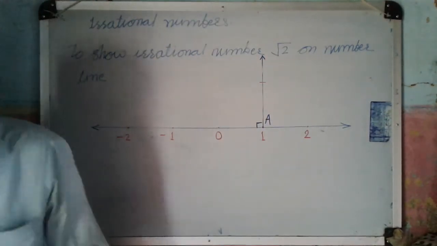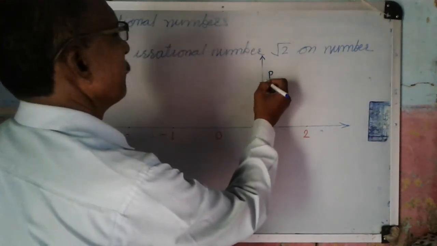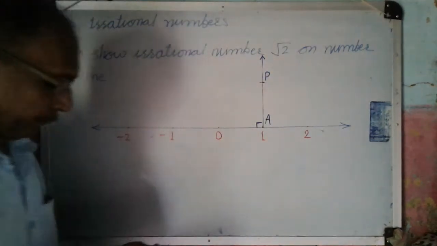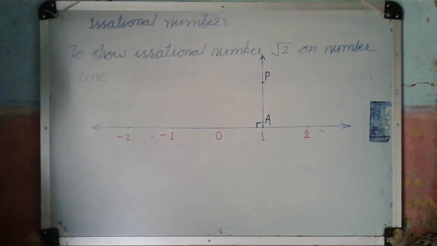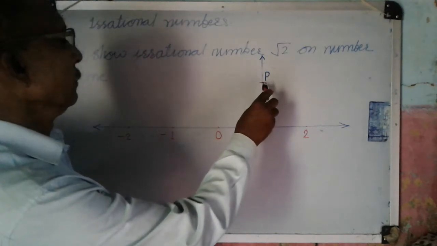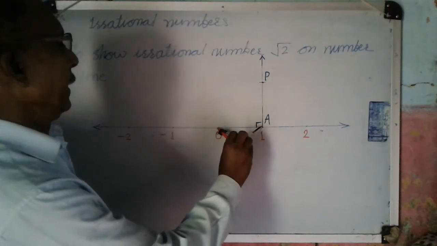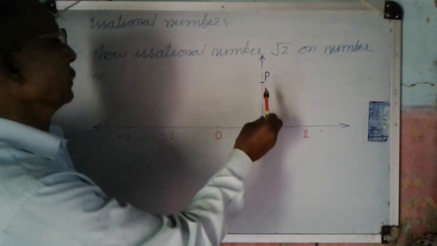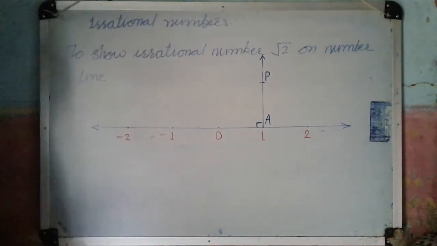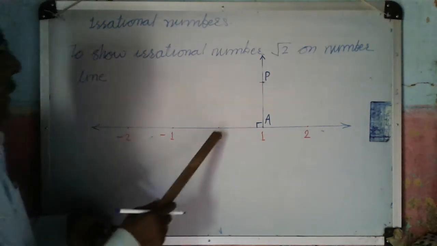So here is point P. We have taken point P on this perpendicular line such that distance of AO is equal to distance of AP. And now join OP.